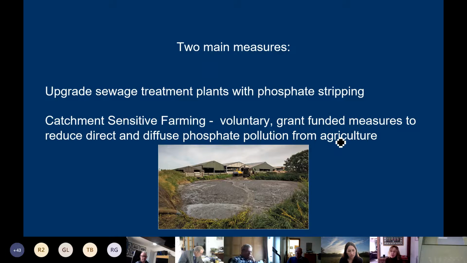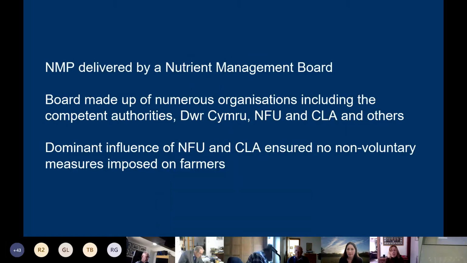The other strand of the plan was to address direct and diffuse pollution from agriculture, and this was carried out entirely through what's called catchment sensitive farming. So these are grant funded measures to, for example, put covers over slurry pits and concrete over farmyards and put in drainage so that manure and other pollutants don't get into the watercourses. These were all voluntary measures.